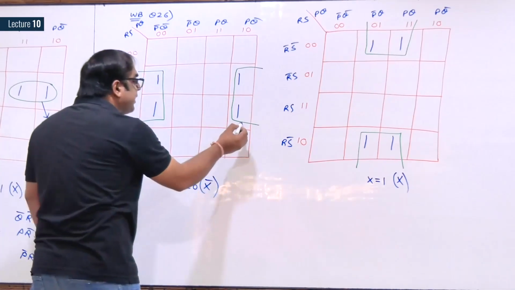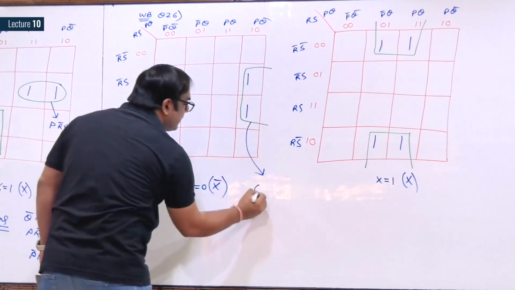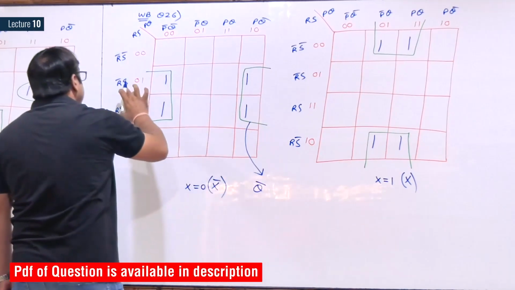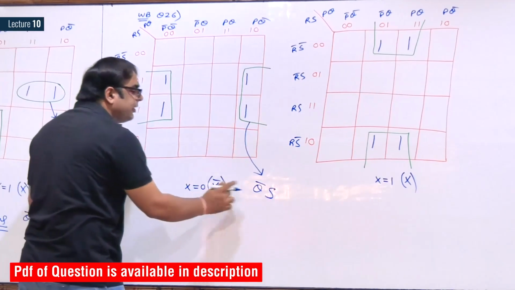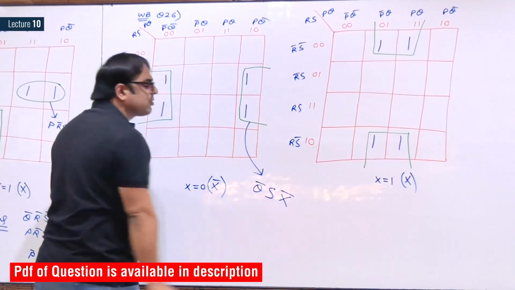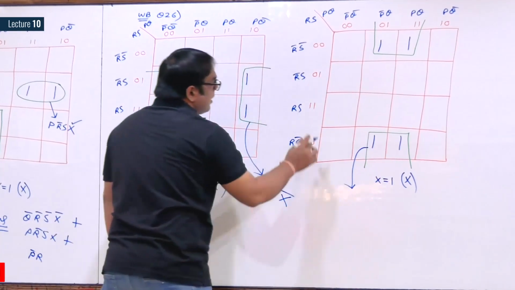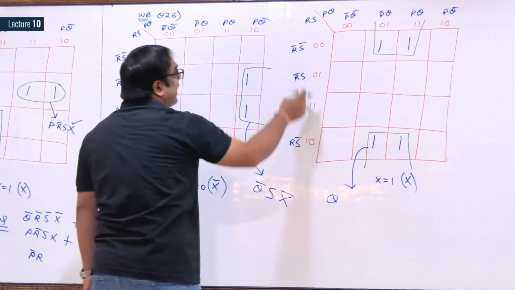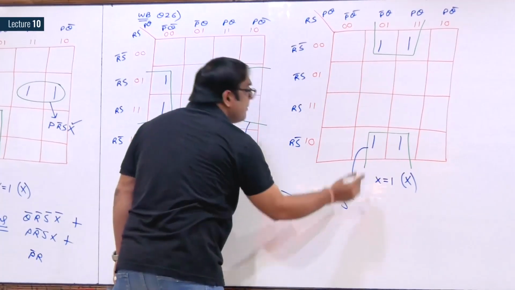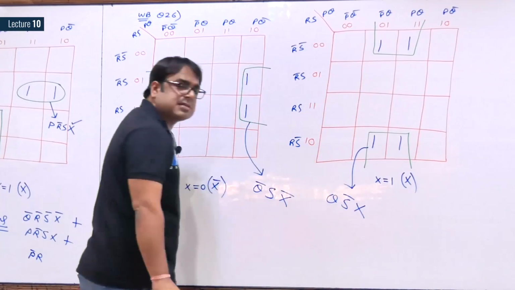So what is the term in the answer? Q complement is common from this side, S is common from this side, and this term corresponds to x complement, so it is x complement. Now what is the term for this one? From there Q is common, from this side S complement is common, and this pair corresponds to x, so we will write an x here.